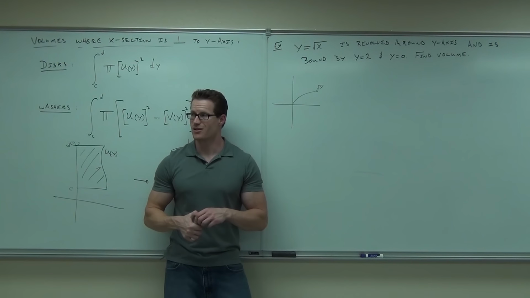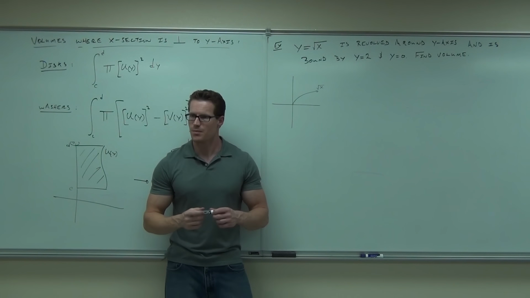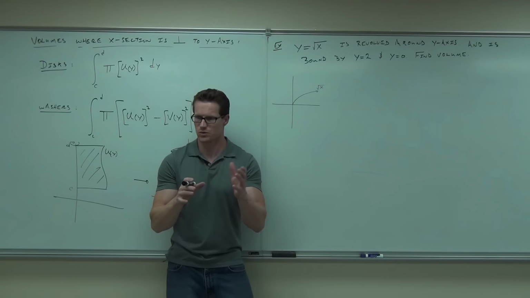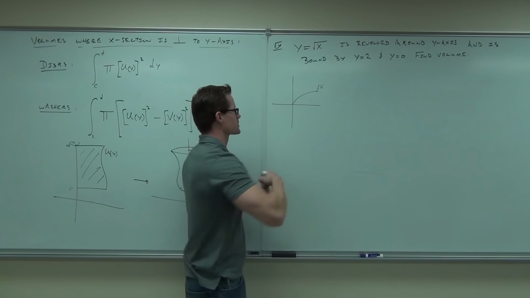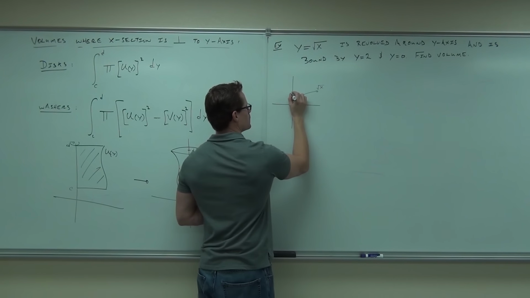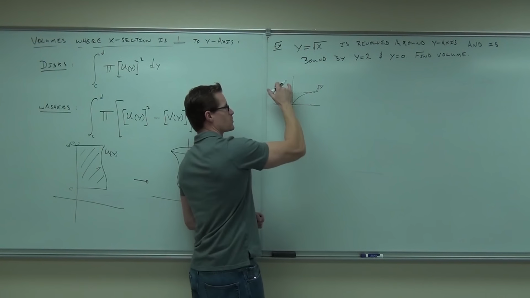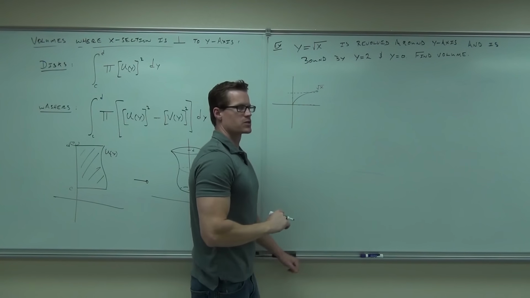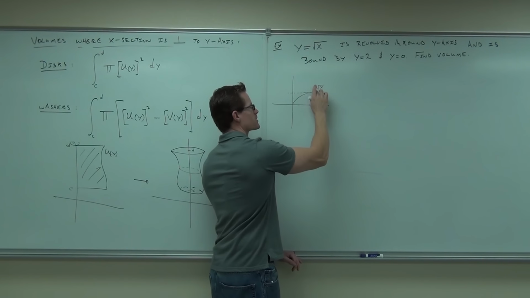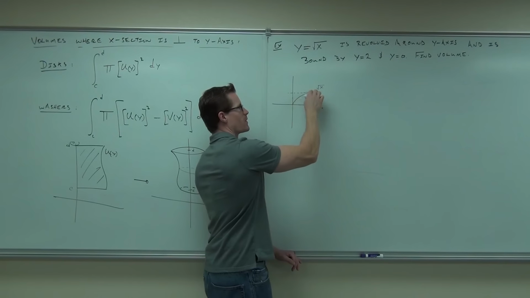Horizontal lines. In this context, they're horizontal lines. Remember, y equals a constant equals a horizontal line. So what this says is, when you go up to 2, it's bound by this, and it's bound by this. This is y equals 2 and y equals 0. So essentially, I'm not worrying about this piece of the graph, I'm just worried about this piece.